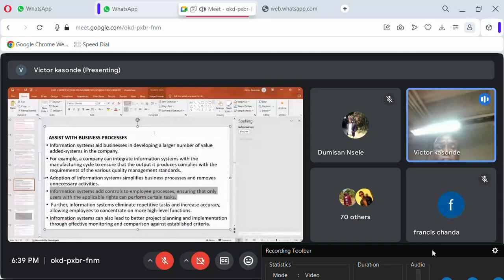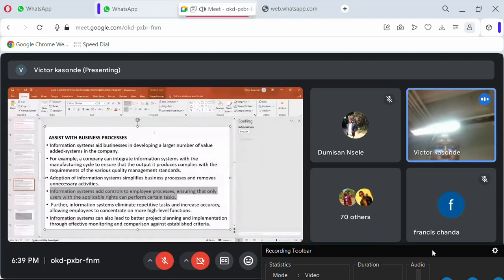Not all Jim and Jack should access the information system. You are able to access that information system with a username and password. In your case, the username should be your computer number and so forth. So it's not all Jim and Jack who can access your information details.